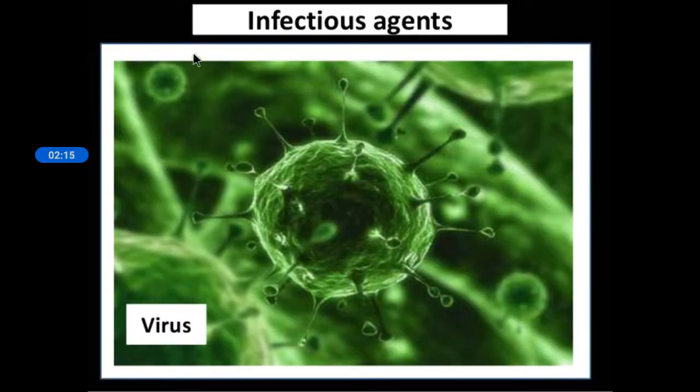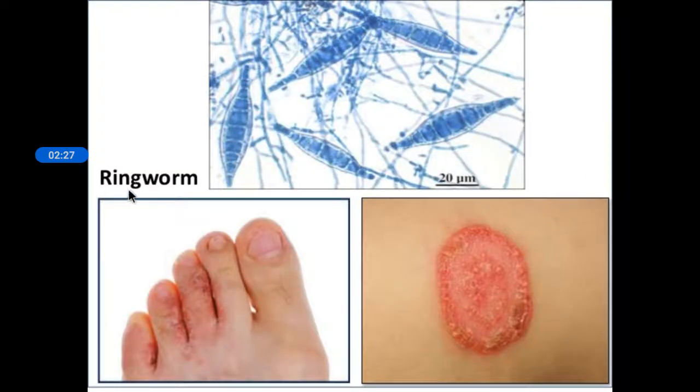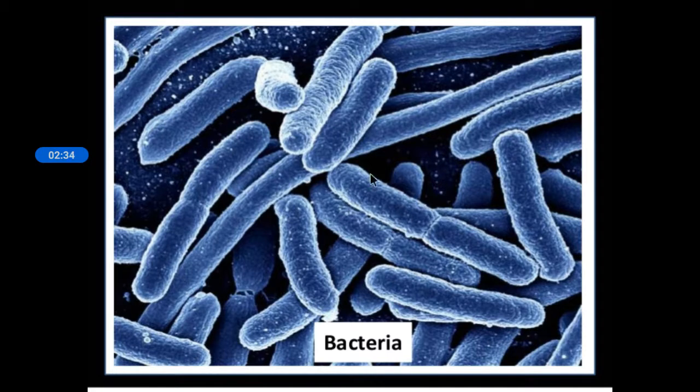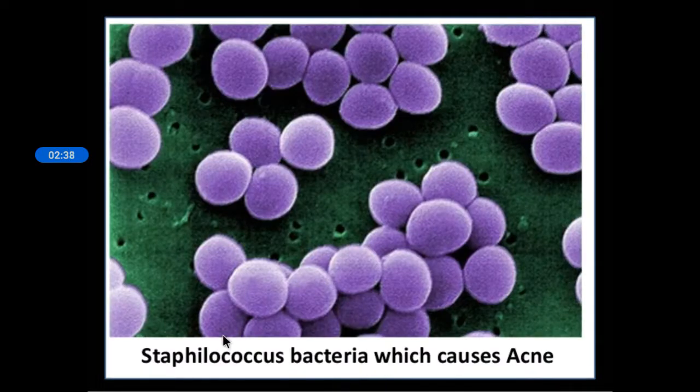Here you can see the pictures of certain infectious agents. This is a virus. Nowadays we are all familiar with this virus picture, right? Because of the pandemic COVID-19. Here you can see the ringworm and the effect on the body. Then bacteria, a microscopic view. Then staphylococci is a bacteria which causes acne.